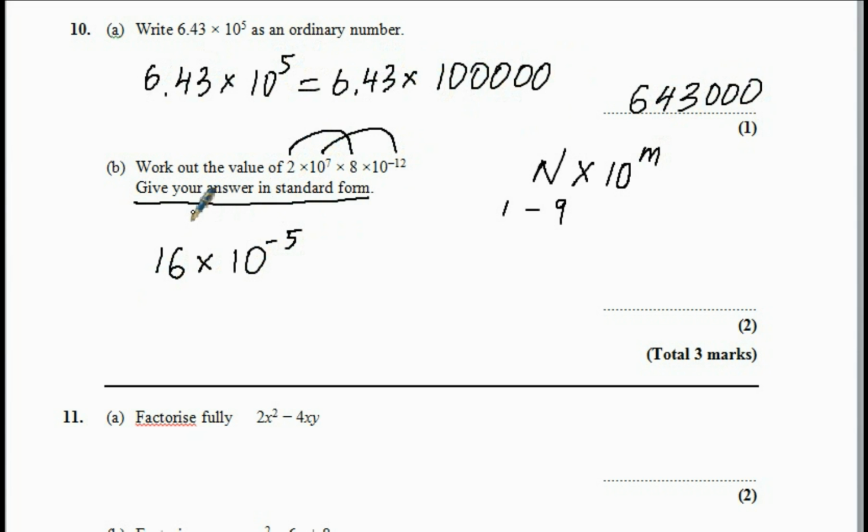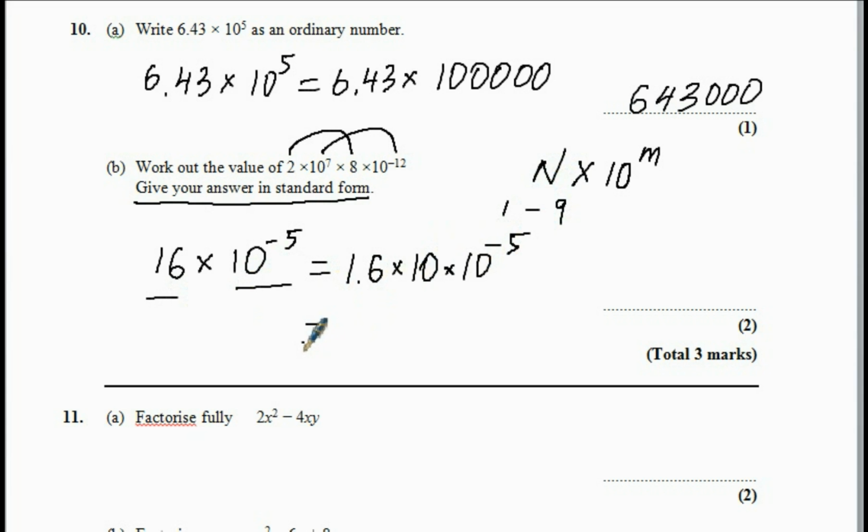Now ask yourself whether this number is written in standard form or not yet. As you can see, although here you see a power of 10, the first part is not a number between 1 and 9. So we need to make it smaller. So we write 16 as 1.6 times 10, and then again times 10 to the power of minus 5.